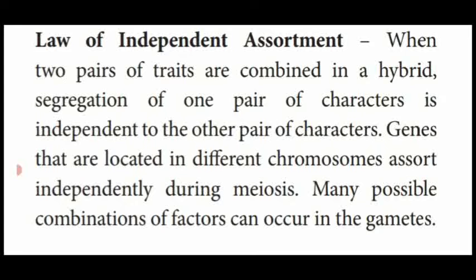That means a single gene which is having the pair of alleles. For example, we have taken the shape of the seed, round. Both of them occur in pairs, that is homozygosity. It is denoted as capital R, capital R. This is one of the genes with a pair of alleles.